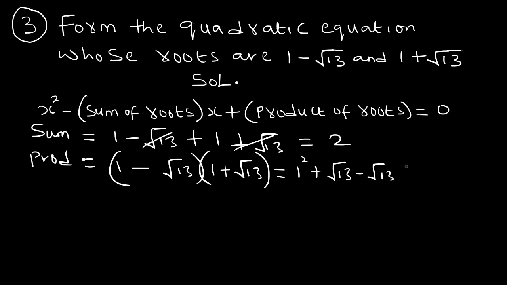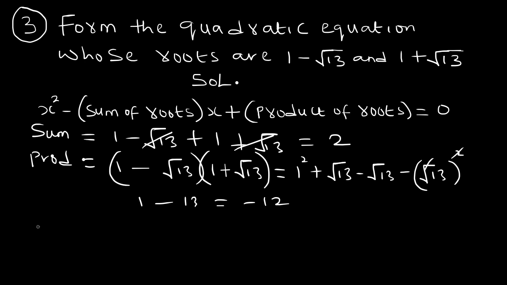And minus root 13 times plus root 13 will be minus root 13 squared. So 1 squared is 1. Root 13 minus root 13 is 0, so that will be off. Here the square will cancel out with the square root, and we have 13 left. So this is 1 minus 13, and 1 minus 13 is minus 12. So our product is equal to minus 12, while our sum is 2.